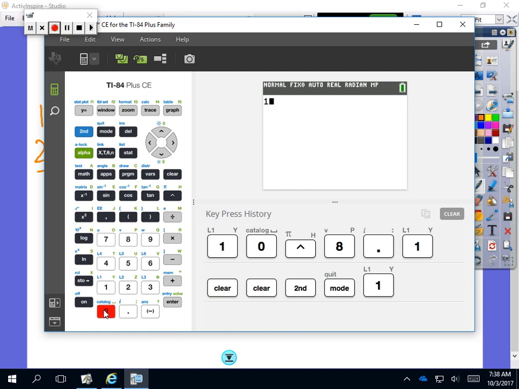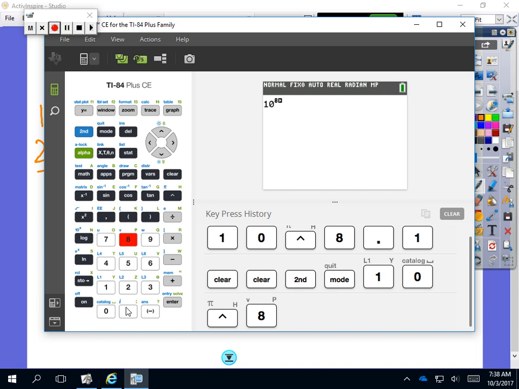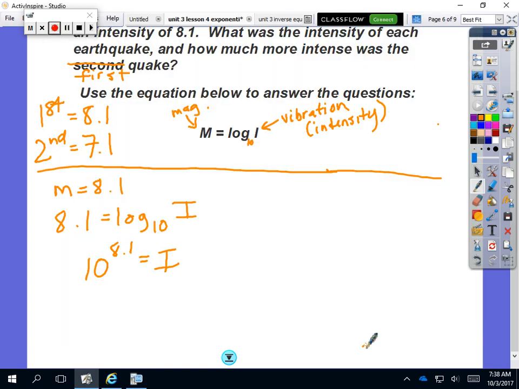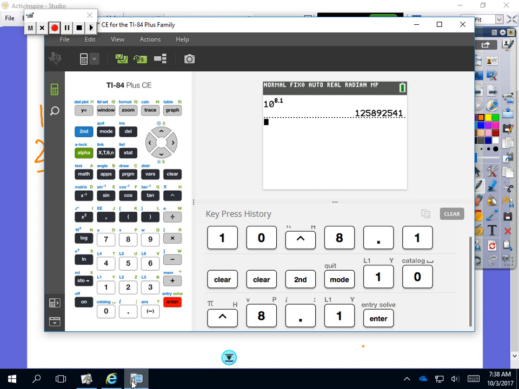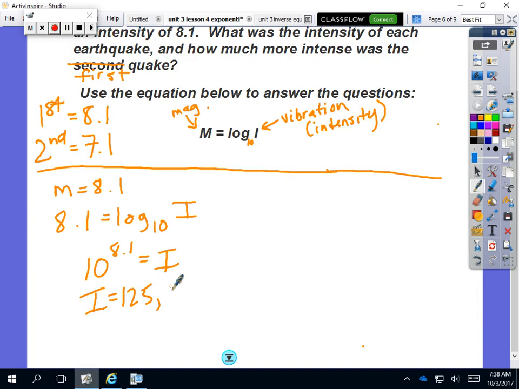Now we can do it. 10 to the power of 8.1, and it equals 125,892,541. So I equals 125,892,541. So that's how intense that earthquake was.